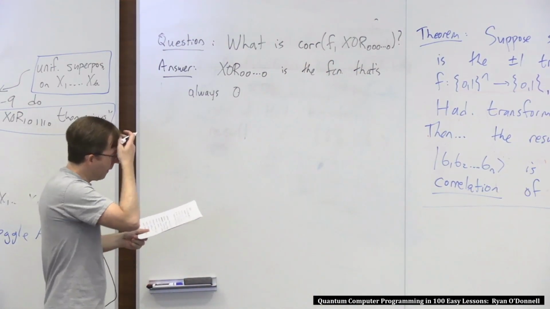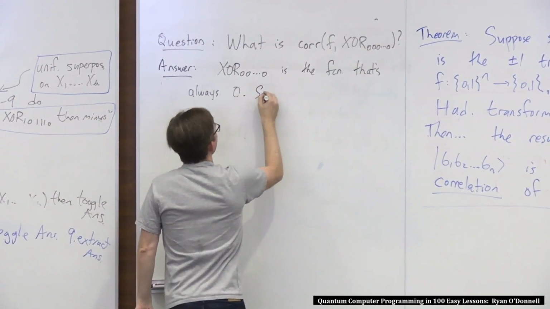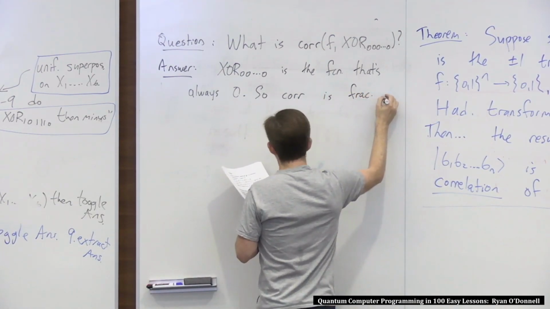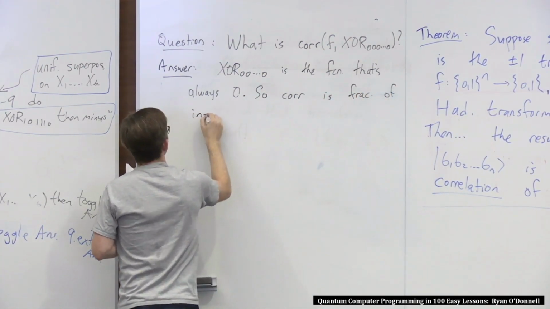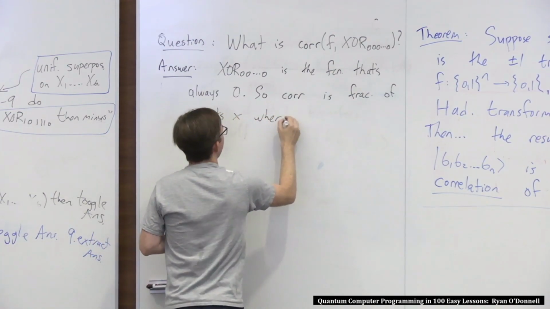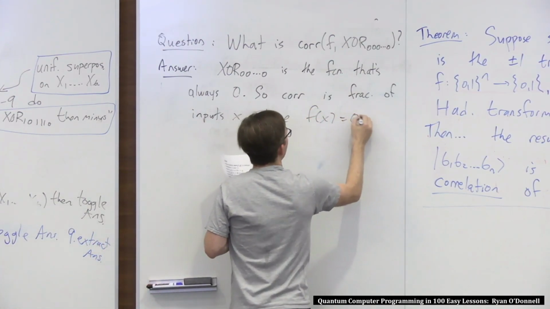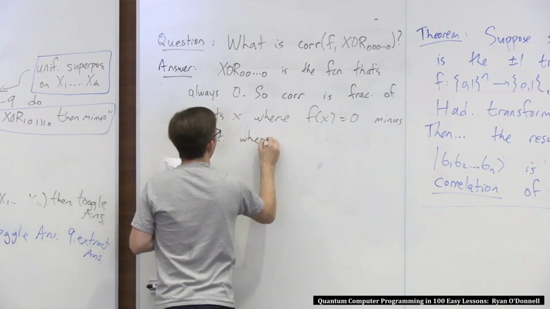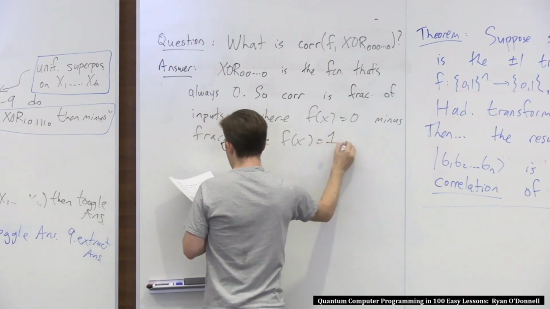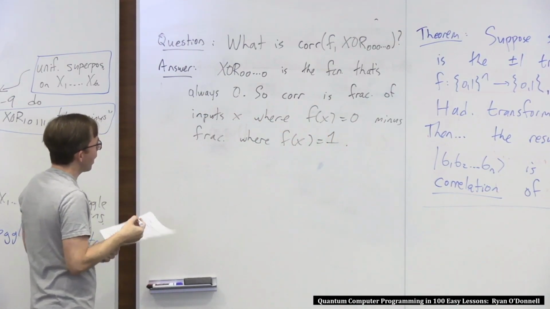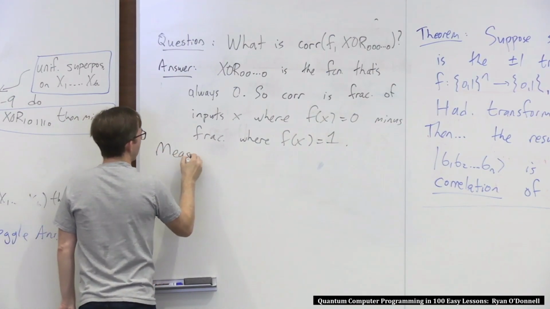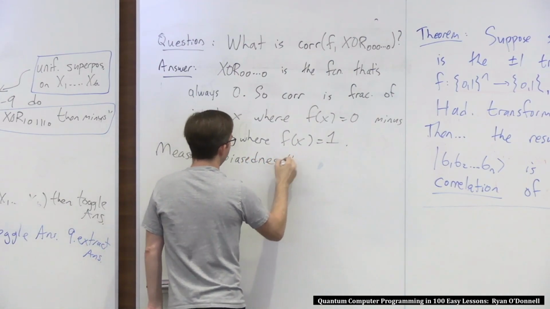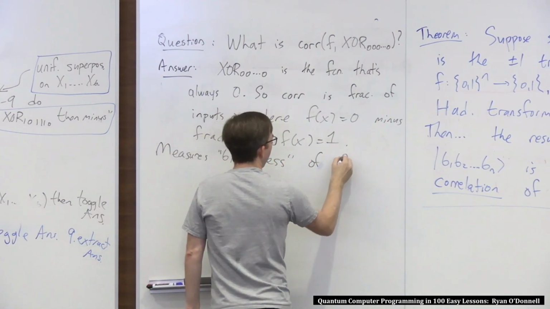So this correlation is the fraction of inputs x where f of x is 0 minus the fraction where it's 1. And indeed, it's a number which measures the bias, in the sense of this bias busting algorithm, of f's truth table.